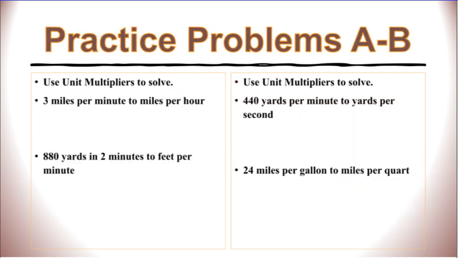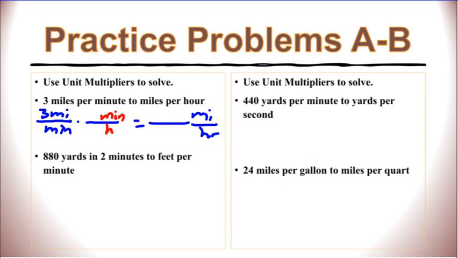Next example, we'll use unit multipliers to solve these. So 3 miles per minute. I need to go to miles per hour. So I need a unit multiplier, so then I can have miles per hour. So I don't want the minutes here, so I put minutes on top.